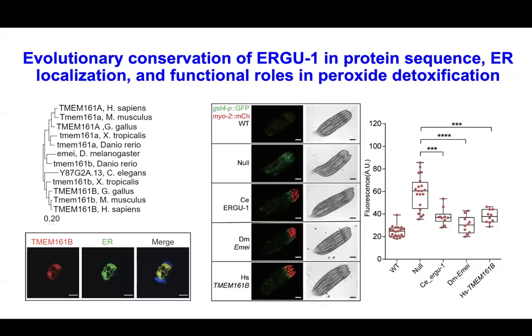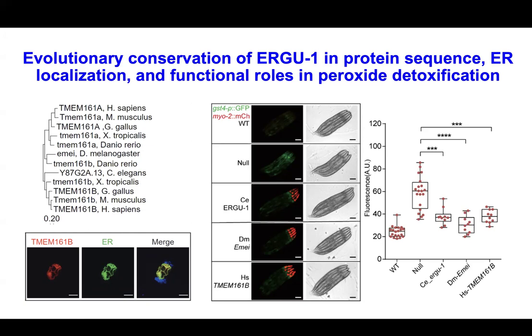But before we characterize the human protein biochemically, we wanted to confirm genetically that the human homologue and the Drosophila homologue have a similar function, using a rescue assay in C. elegans.